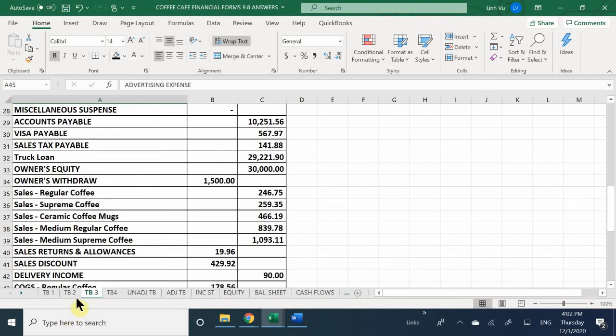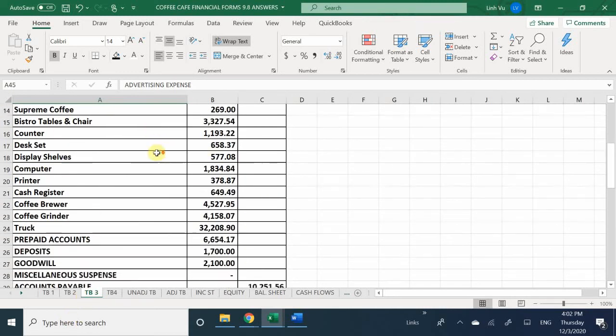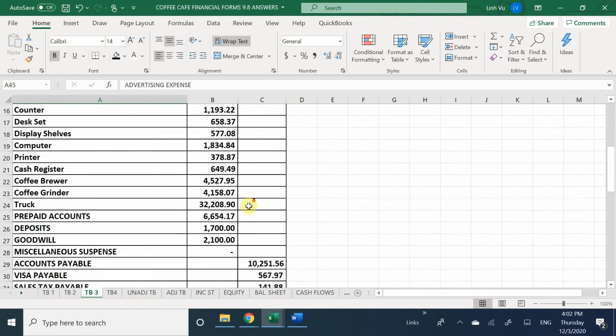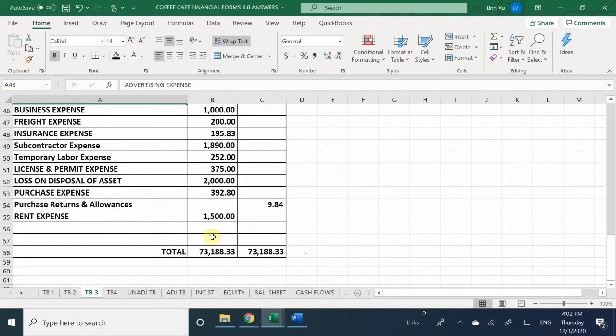For you, Michelle, you're going to copy all the accounts only, not the numbers. No, copy the whole thing, including the account numbers and the total at the bottom, because at the bottom is a formula.